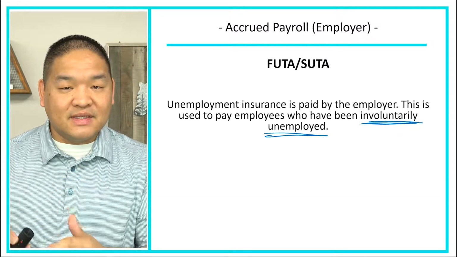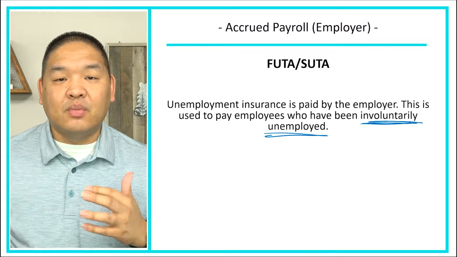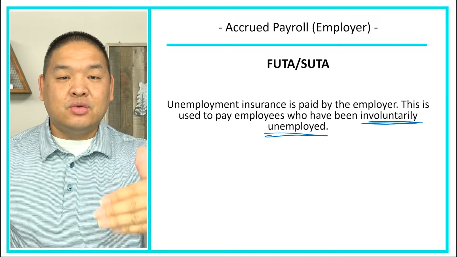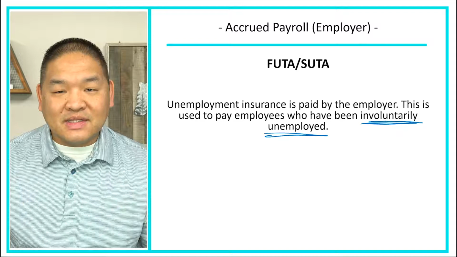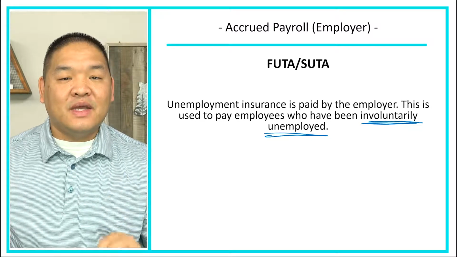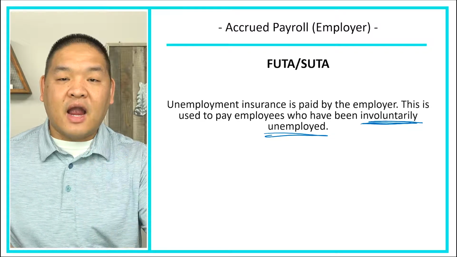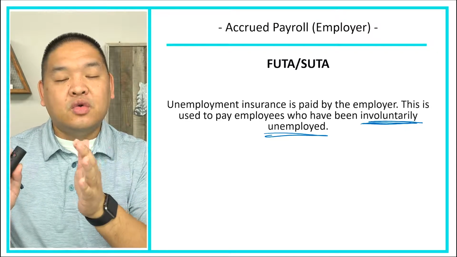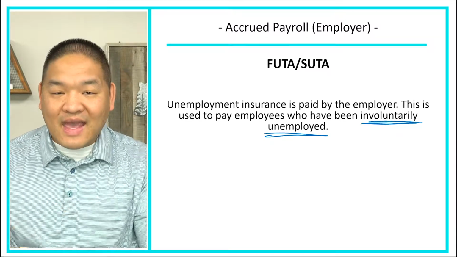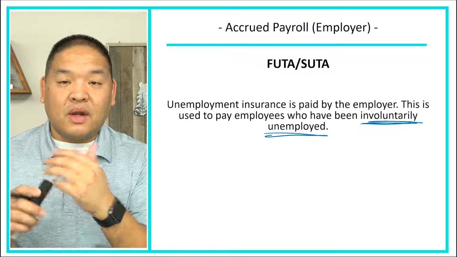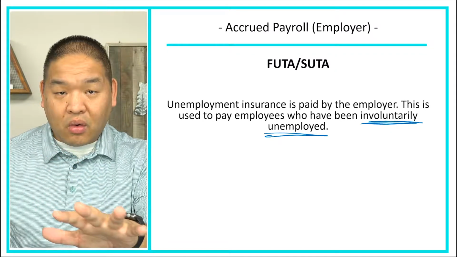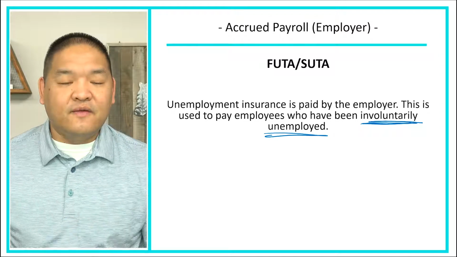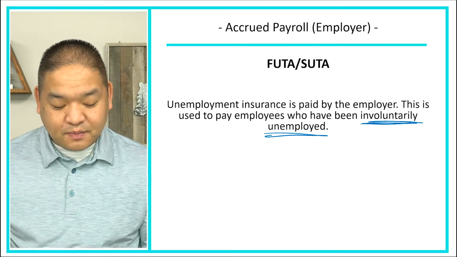Okay, so the basis of unemployment insurance is that the employer lets you go. Usually they're trying to downsize or something to that effect. It is not because you did something wrong. So if you were fired because you did something wrong, you may not receive any FUTA or SUTA or unemployment insurance. And then obviously if you leave, that's on your terms, you don't get FUTA or SUTA, okay?